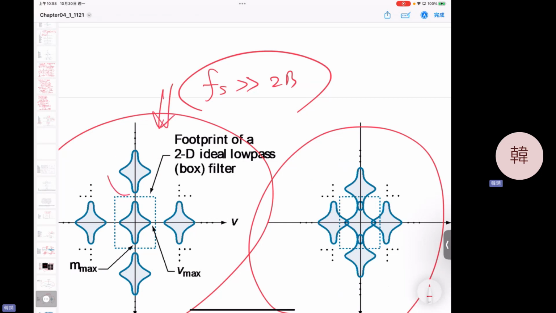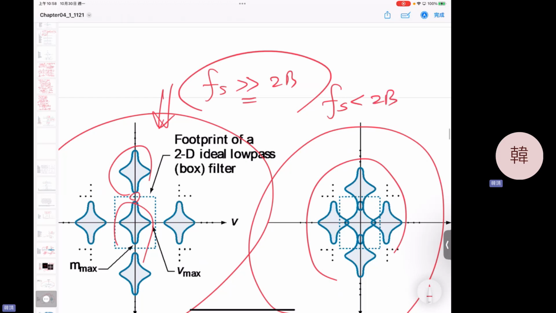So it's oversampling. The bandwidth copies in the result will not concatenate. If it is exactly the same, they will touch together. And if your Fs is smaller than 2B, what's the result? Aliasing will overlap. The higher frequency part will overlap.